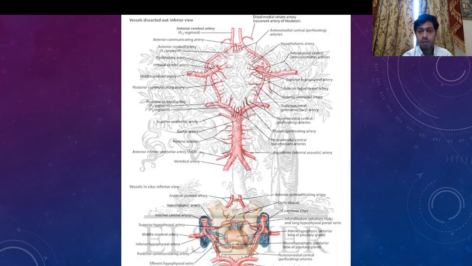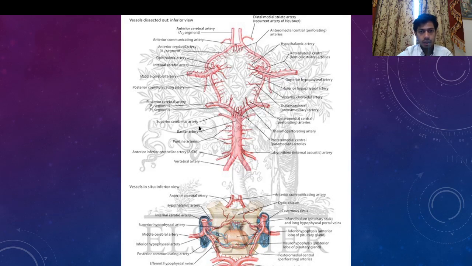And for example, if you have a stroke, and if it's a lenticular stroke, it's affecting the basal ganglia, so hence why you tend to have movement disturbances in the form of paresis, which is weakness and drooping. So yeah, this is the lenticular striate arteries. And in the anterior cerebral artery, you're just getting one branch, which is the distal medial striate artery, or the recurrent artery of Hübner.